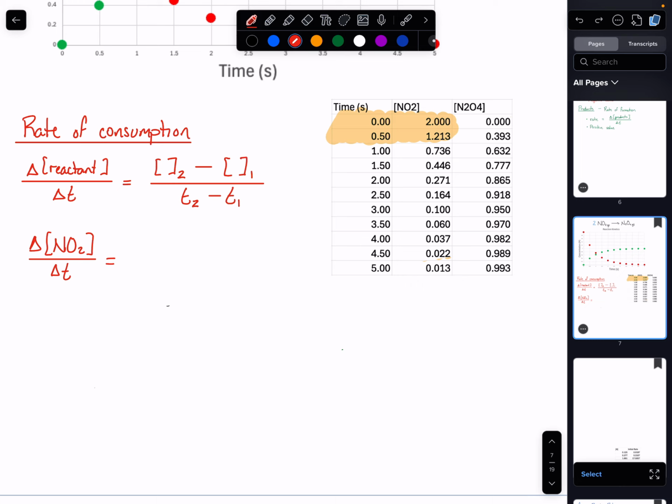Cool, so I'm going to pick these specific time points here: 1.213 minus 2.000, divided by 0.50 minus just straight up 0.